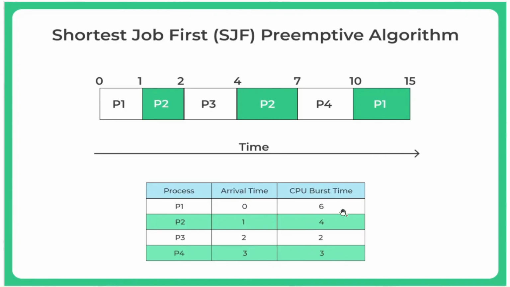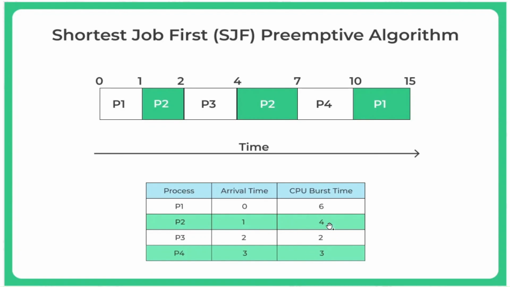Both processes have burst time 3, but P2 has arrived before P4. So P2 will be executed for how many milliseconds? For 3 milliseconds, for 5, 6, and 7.